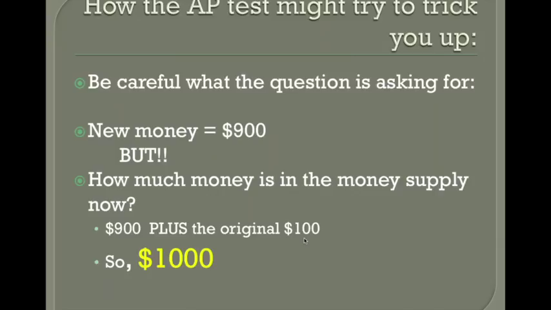So the total M2 money supply is $1,000. Notice the difference: the increase is $900, but including the original $100, the total money supply is $1,000. Always read closely: is it asking for the increase in the money supply, or the total money supply?